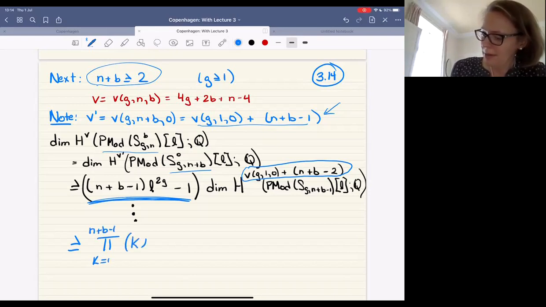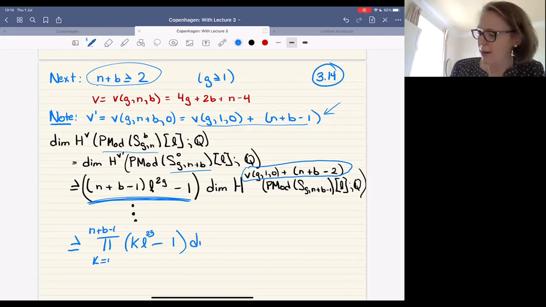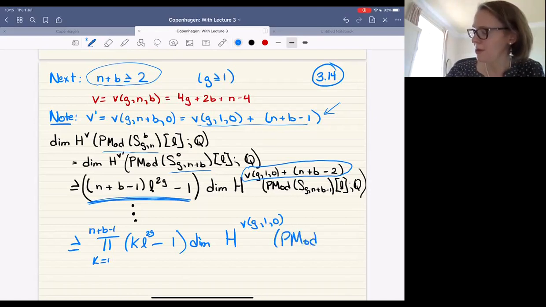So let me write this down. It looks something like this, missing a factor there. And this is just the dimension. Now I'm back in these nice cases where I just have the one marked point.